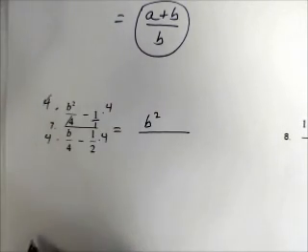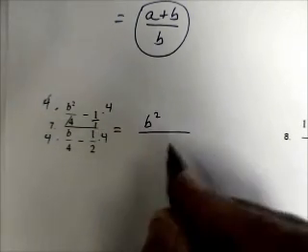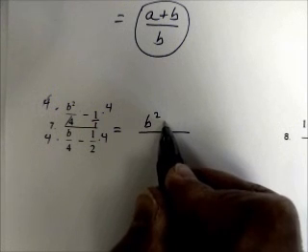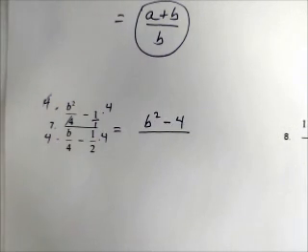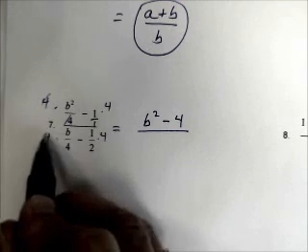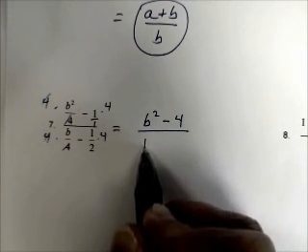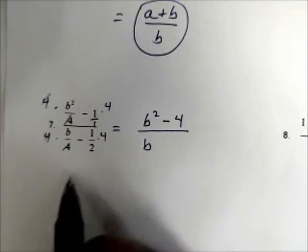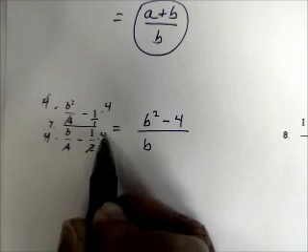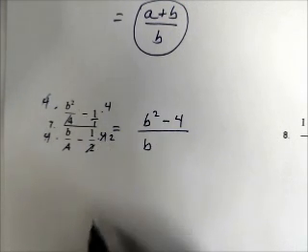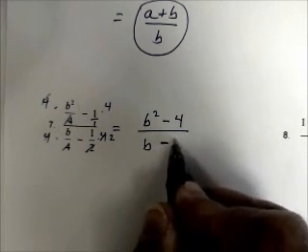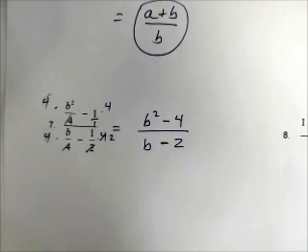We have b squared. Here, nothing divides out. 1 times 4 is 4. There was subtraction, so minus 4. 4's divide out. Result is b. And here, 2 goes into 4 2 times. 2 times 1 is 2. So we have b minus 2.